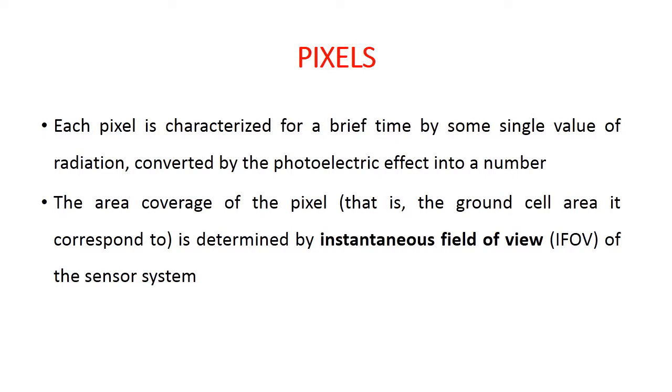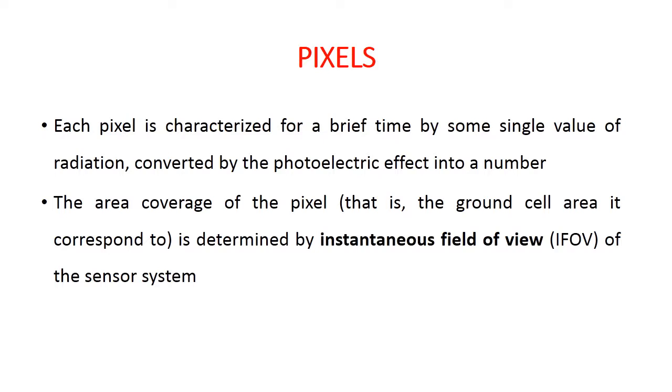Now let us see pixels. Each pixel is characterized by some single value of radiation converted by the photoelectric effect into a number. Means each pixel is characterized by some value, and that value is nothing but information of radiation, and that information can be converted into a number by the photoelectric effect.